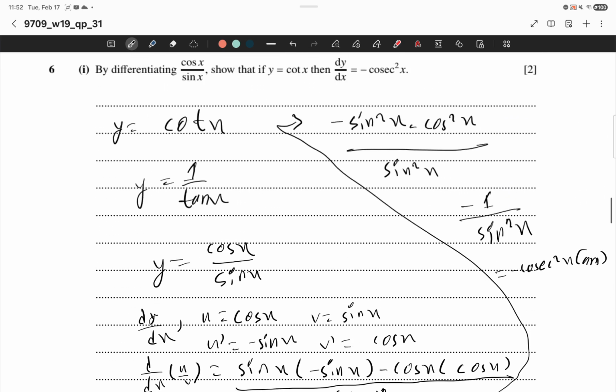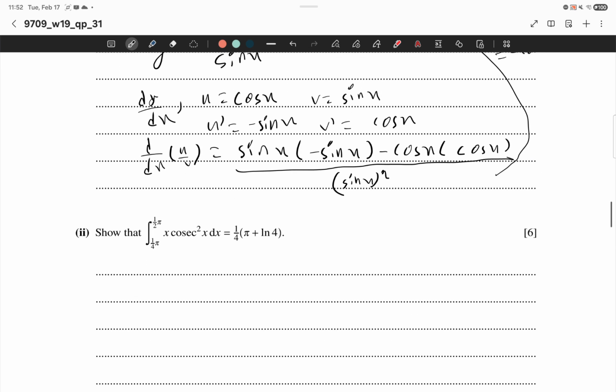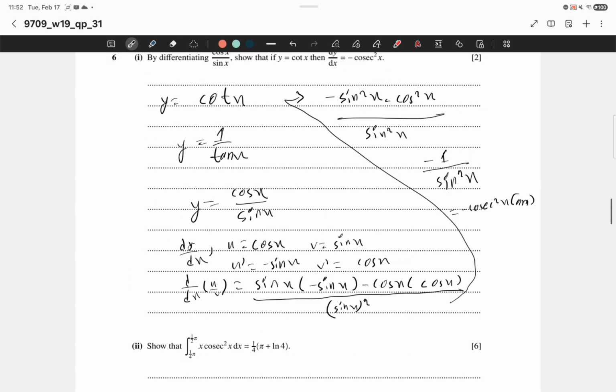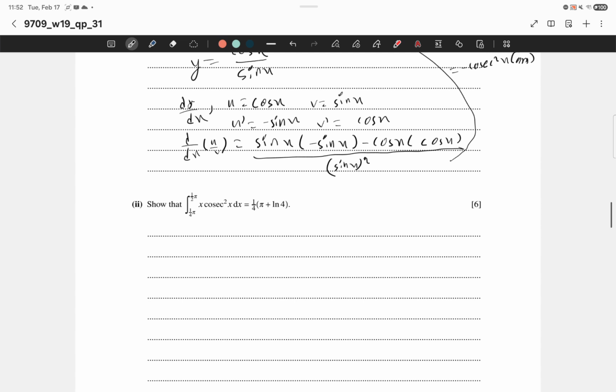Okay, we need to do the integration here, right? I don't think part 1 and part 2 are related. Let's see. Is it integration by parts? If it is, then we need to use the formula given in AMF 19.